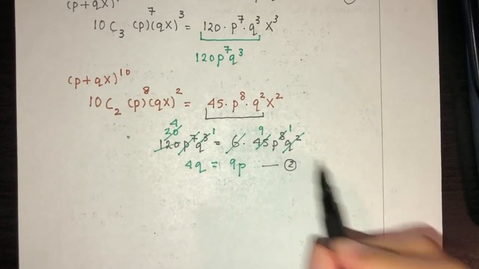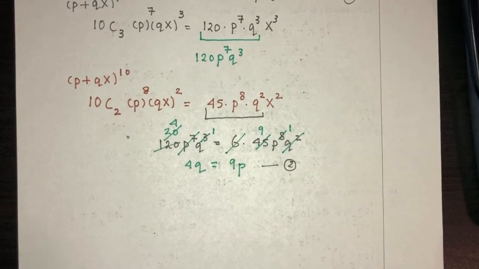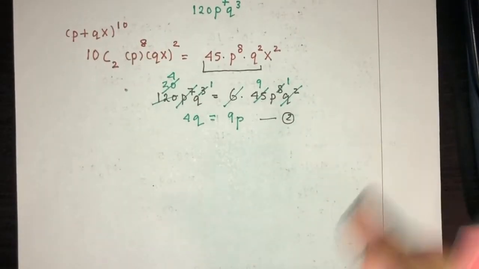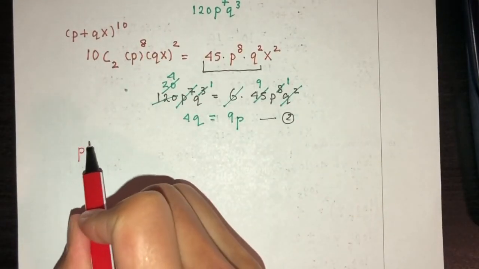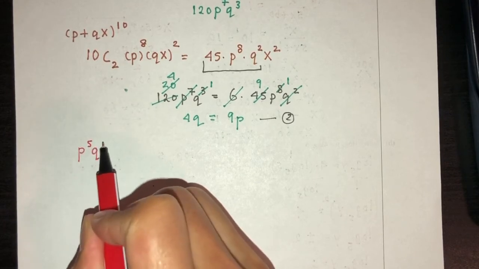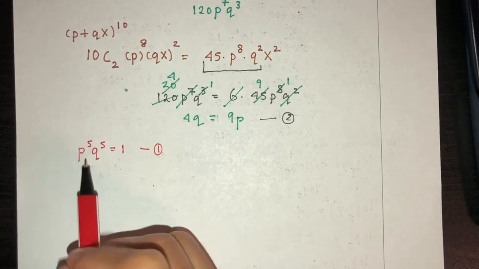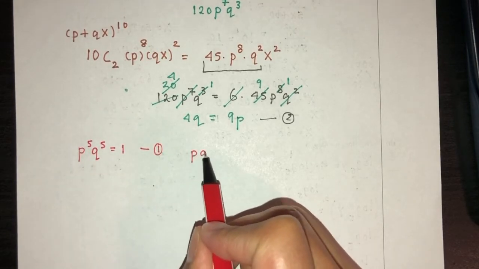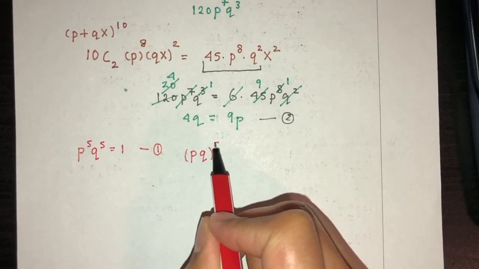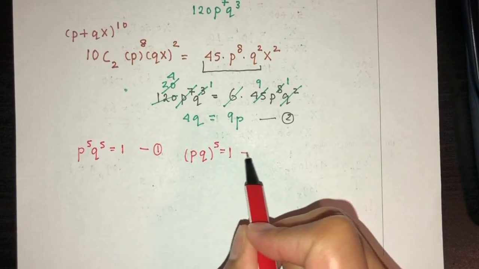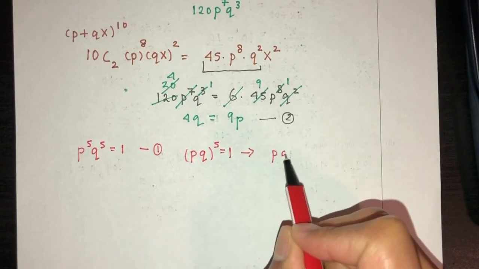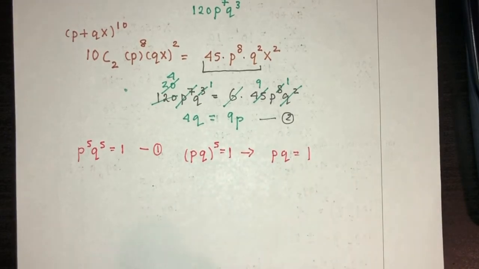So now we have 2 equations. This is number 2. Let's rewrite the equations together. The first equation is p^5 q^5 is equal to 1. From this, if you write it as (pq) power 5 is equal to 1, which means pq is equal to 1. That is my equation number 1.